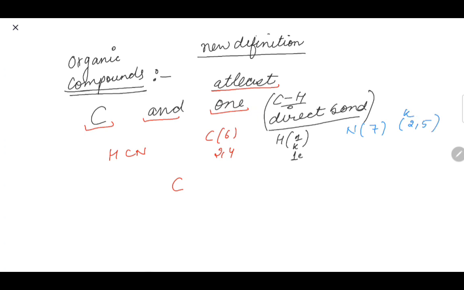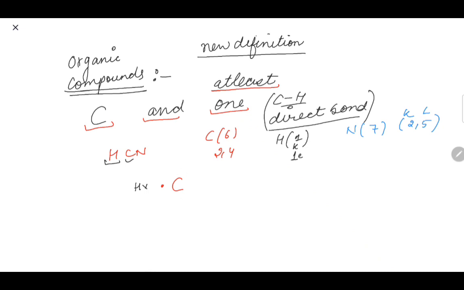That means in the K shell it has 2 electrons, and in the L shell it has 5 electrons. So when carbon has 4 electrons, and hydrogen has 1, we have only one hydrogen in hydrocyanic acid. And nitrogen is how many?